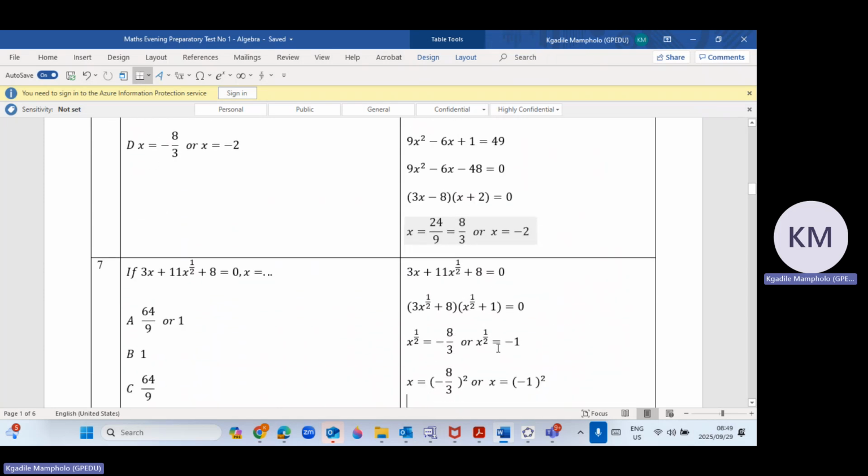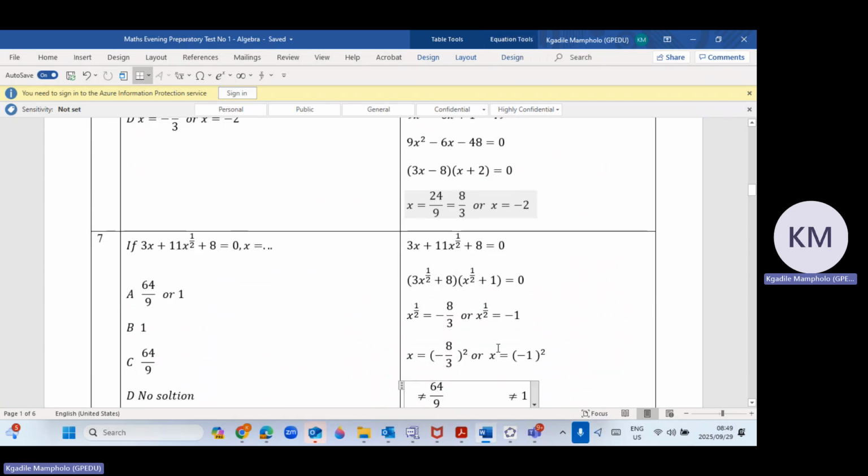The next one will be how to find it if your exponent is a fraction. You always know that if the exponent of the middle term is half of the exponent of the first term, this is a quadratic form.